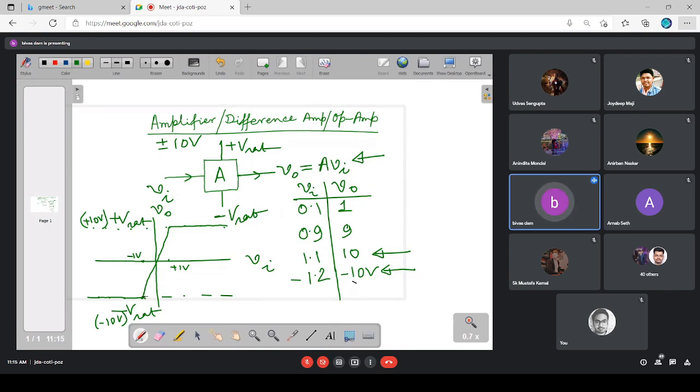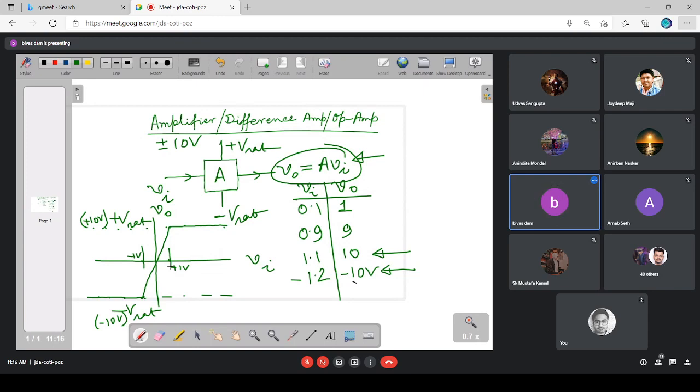There the output is directly proportional to the input, or this equation represents the equation of a straight line with a slope A. This particular range, minus 1 volt to plus 1 volt, is called the linear region of the transfer characteristics for this particular amplifier. For this amplifier, the linear region exists for the input voltage range of minus 1 to plus 1 volt.